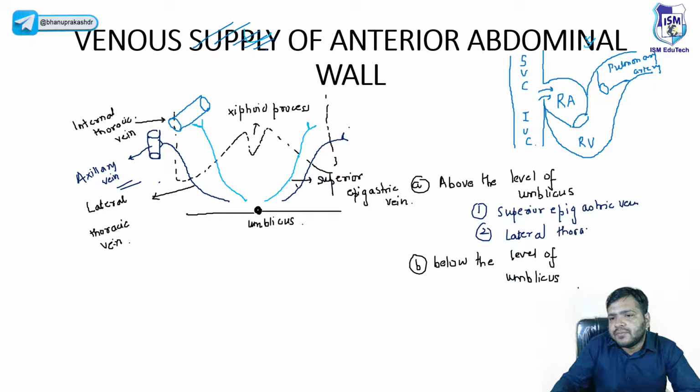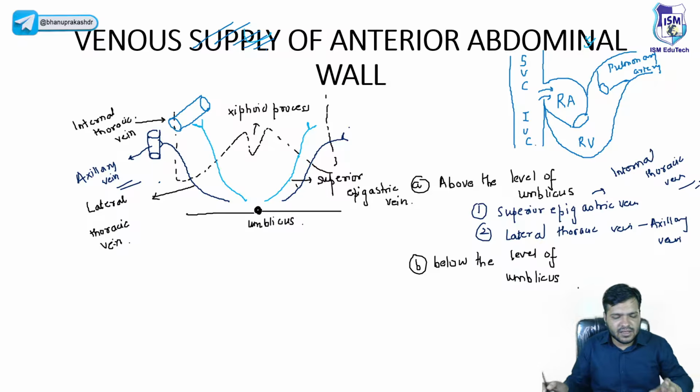Lateral thoracic vein will drain the blood into axillary vein, and superior epigastric vein will drain the blood into internal thoracic vein. It is also the internal mammary vein या innominate vein का branch भी है ये, ठीक है.